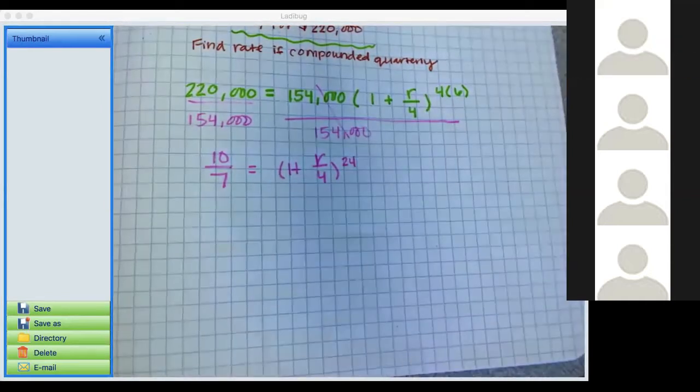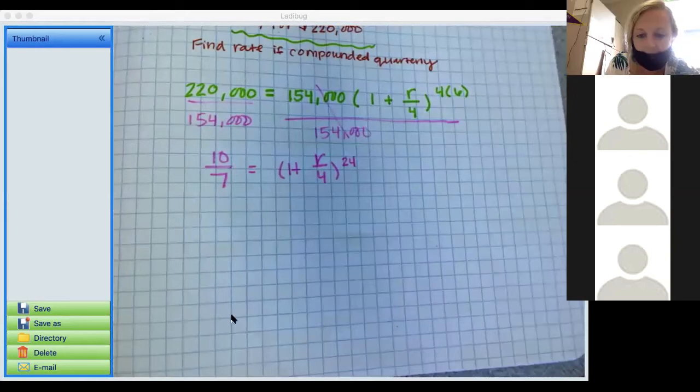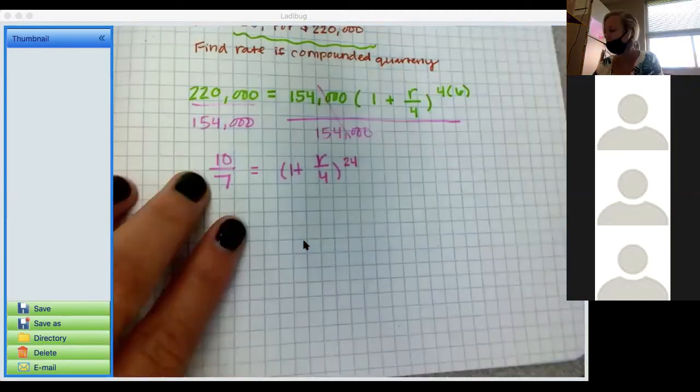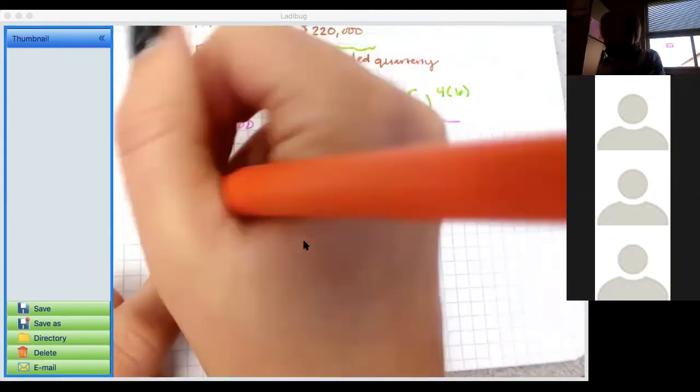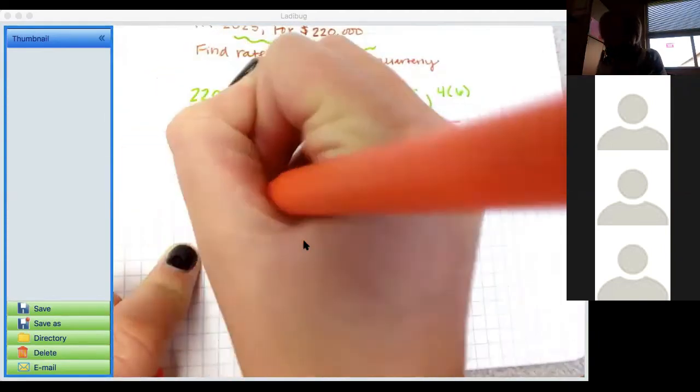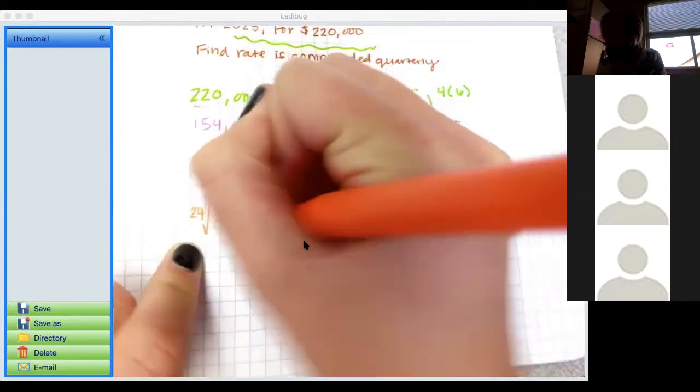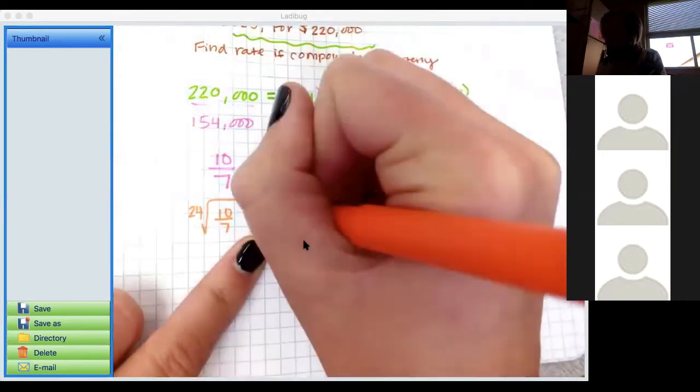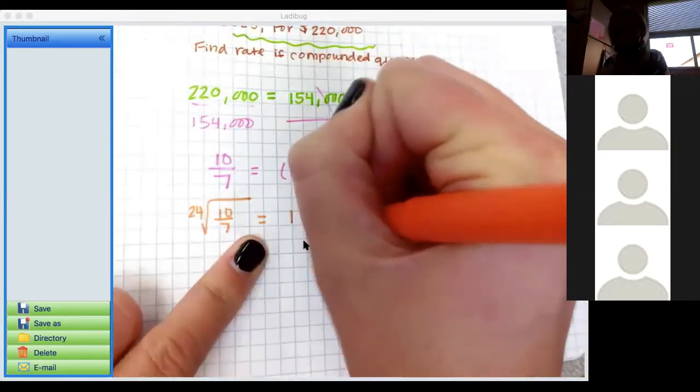How do you undo raising something to the 24th? Yeah, take the 24th root. So the 24th root of 10 over 7 equals, and that goes away now, 1 plus R over 4.